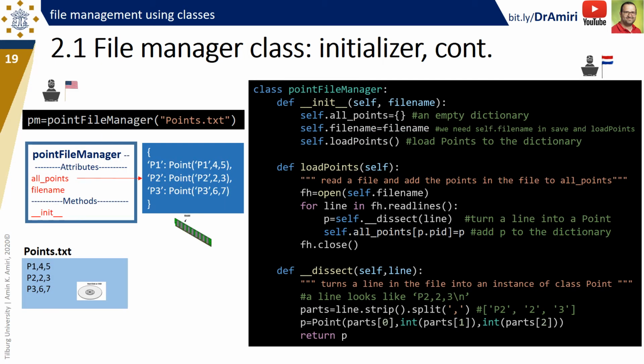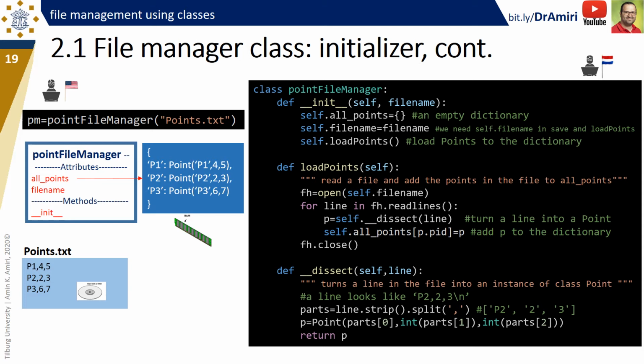So let me walk you through creating this initializer. As you already know, we need to start with creating the class, and we're going to call it PointFileManager. We need to add the initializer dunder init method that gets one argument called file_name. And inside this dunder init, we first create an empty dictionary called all_points, and then we also set an attribute called, again, file_name, so that we can use this attribute in other methods that we have.